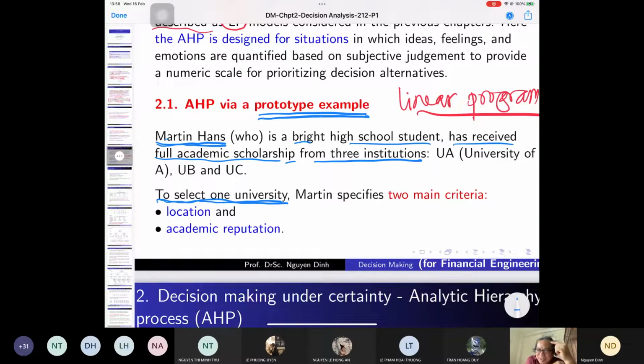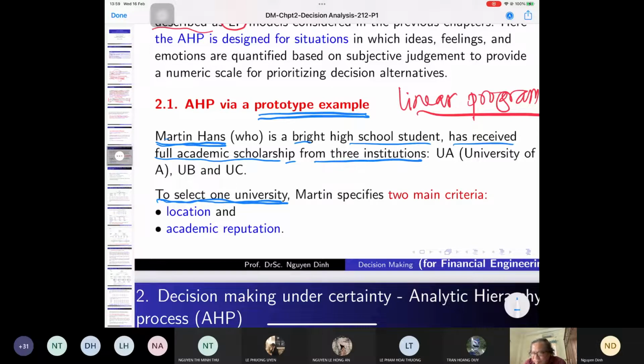When you make a decision, you think of a lot of things: the reputation of the university, the distance from your home to the university. If the university is in Gò Vấp, and the way from District 1 to Gò Vấp always has traffic jams every day and is very hard, or something. So every element that has a direct effect on your life and your study is brought into consideration.